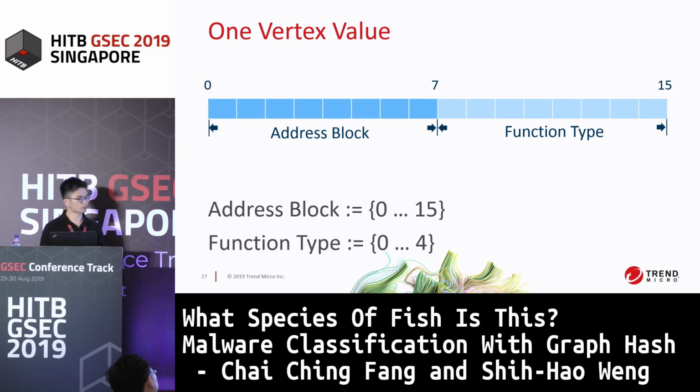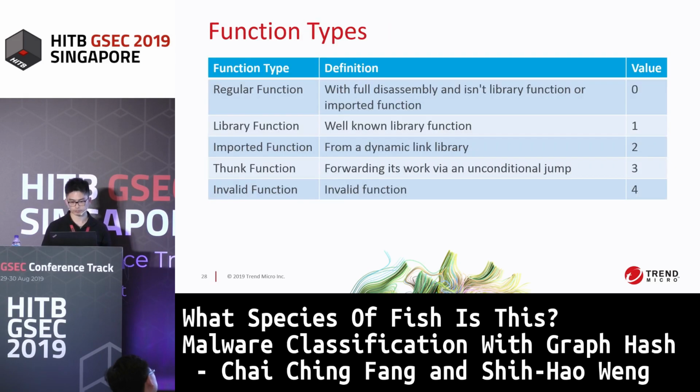Bits 0 to 7 store the address block, and bits 8 to 15 store the function type. The address block will be from 0 to 50, and the function type will be from 0 to 4. I will explain their definitions in the following slides.